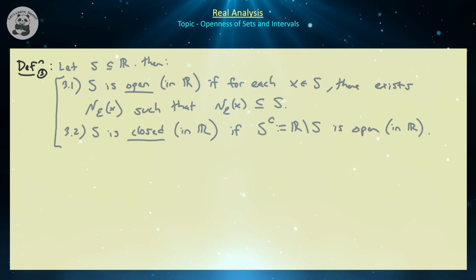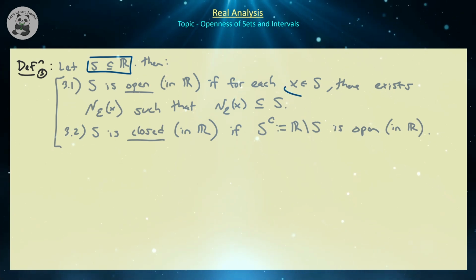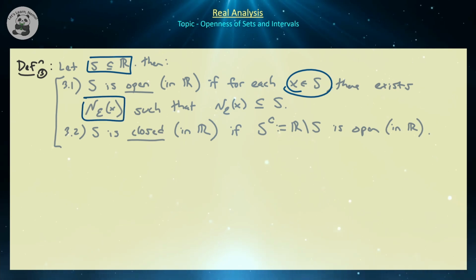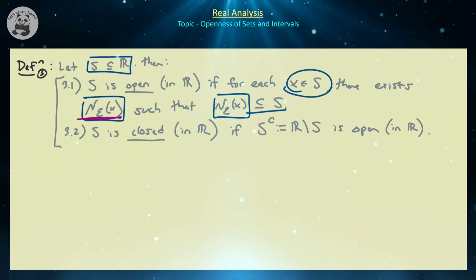The next set of definitions that I want to introduce are the main star of the show today, and that's what it means for a set to be open and what it means for a set to be closed. So let's assume that we're working with subsets of the real numbers. So we say that S is an open set, and some people will say that it's open in R, if for each element inside that set there exists an epsilon neighborhood around that point such that that epsilon neighborhood is a subset of that particular set S. Note here that this is not a particular neighborhood, but an arbitrary neighborhood.